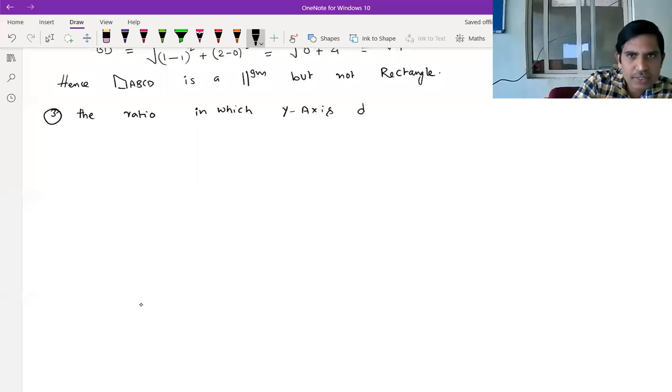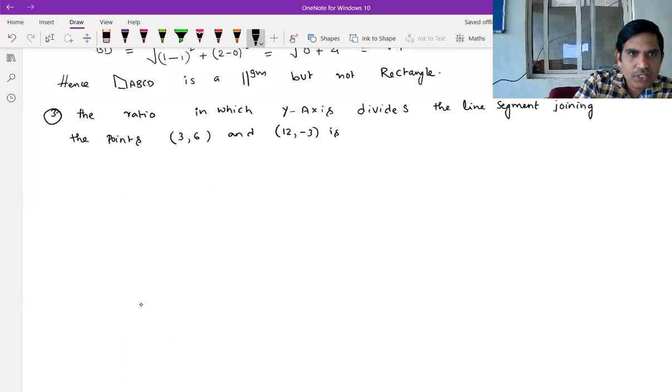So y-axis divides the line segment joining the points 3, 6 and 12, -3.